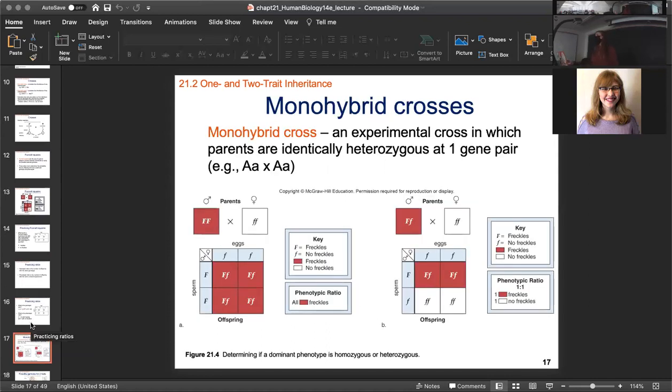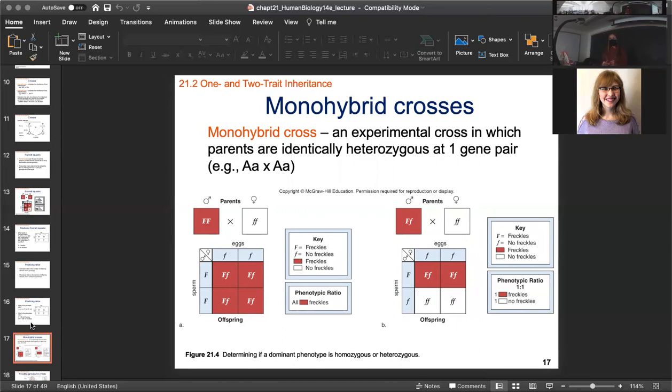Okay? This is called a monohybrid cross. This is where we cross parents that are identically heterozygous at one gene pair, okay? So an example on the left would be a monohybrid cross, an experimental cross in which the parents are identically heterozygous at one gene pair.